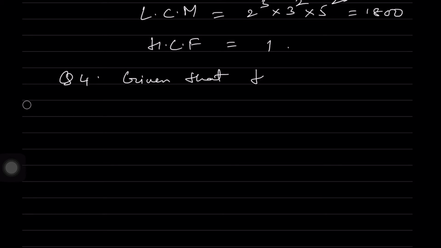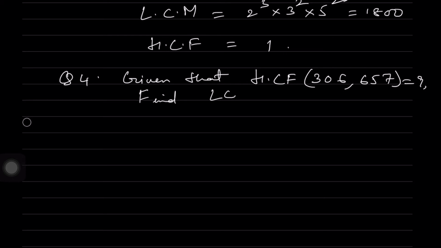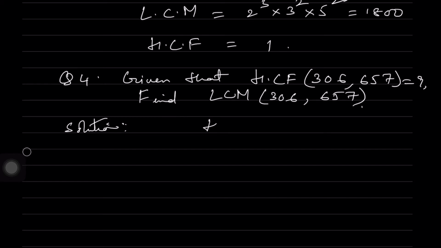Fourth one: given that the HCF of 306 and 657 is equal to 9, find the LCM of 306 and 657.